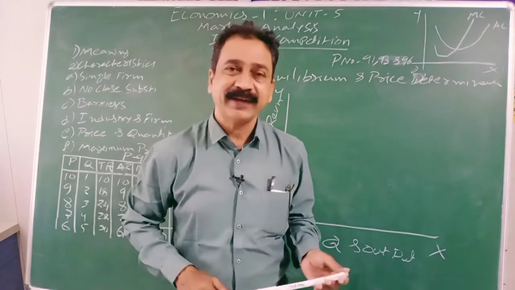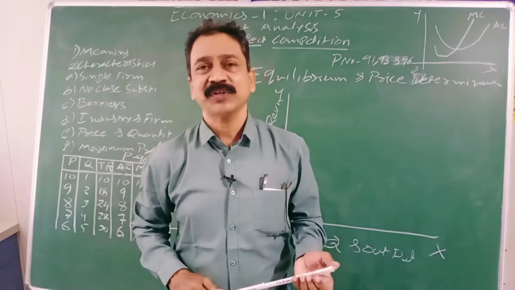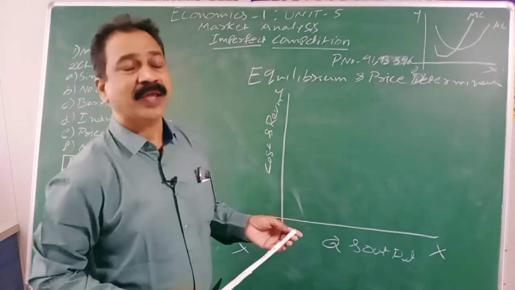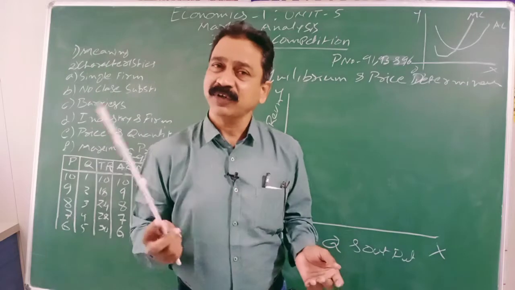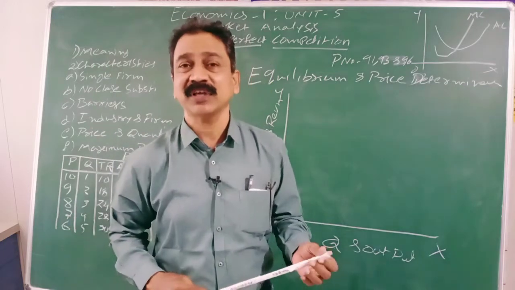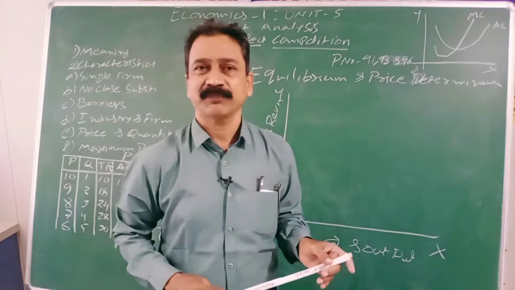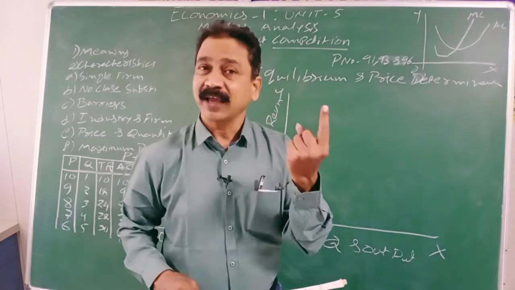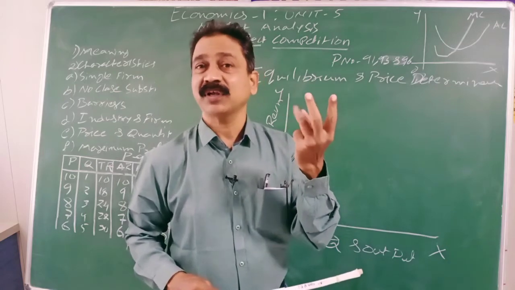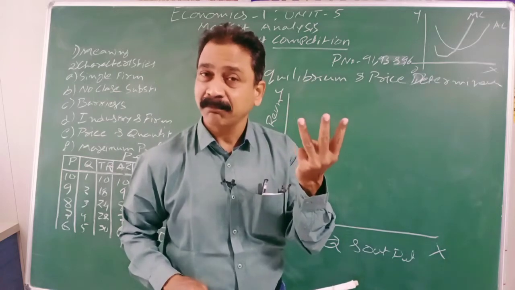So in reality, perfect competition is a myth. Imperfect competition is a truth. In the first topic of this 5th unit, market analysis, we have seen different types of markets. In that we have seen time-based market, area-based market and competition-based market.